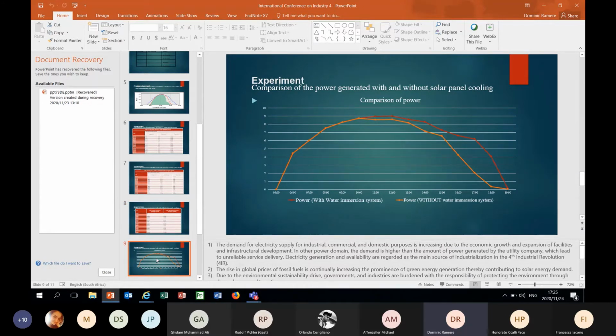If you look at the graph of power generated by the solar panel equipped with the water spraying system, it is higher, approximately from 10 o'clock in the morning, because it starts to get more hot.